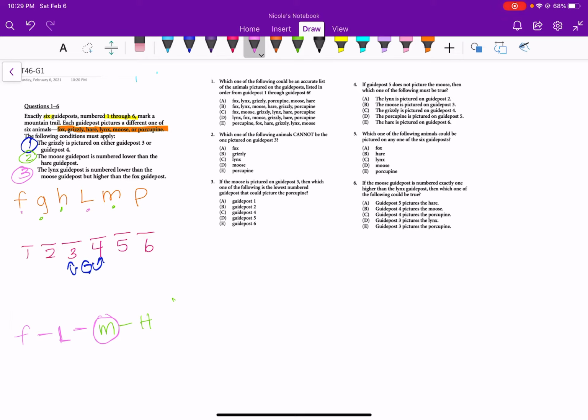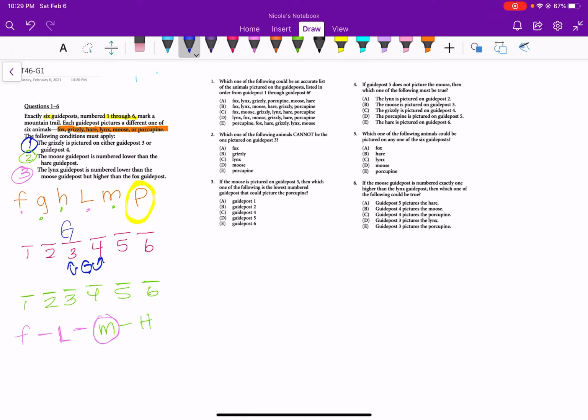The only thing I want to point out here is that the porcupine is what we call a floater because there's no rules about it. That means the porcupine can go anywhere. It could go first, it could go last, it could go here, anywhere. Whenever there's a little fancy rule like this, where one is restricted on the number, like this G, I just go ahead and create a second world quick and put it in there.